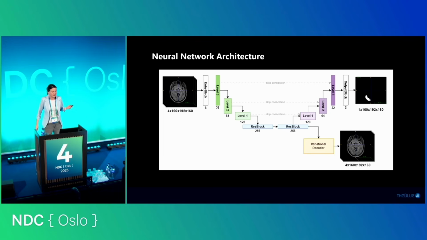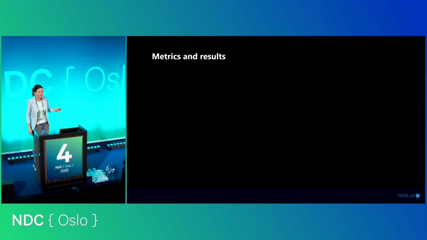In our case, we also use a variational decoder, which you can see below. This is actually not doing anything towards getting our results. It just makes sure that during the training, our model is not overfitting, meaning that it's not learning by heart the examples that we have shown it, but that it will also be able to generalize in the future.